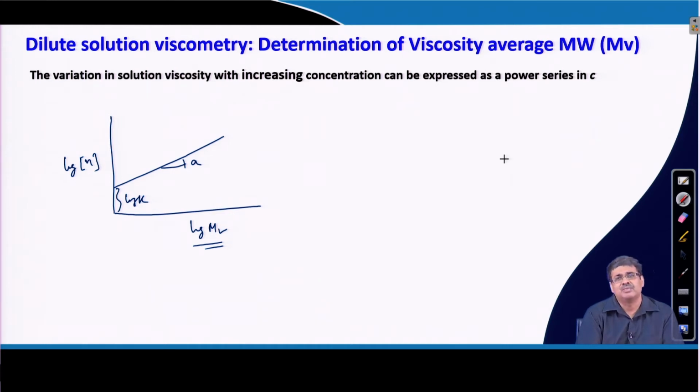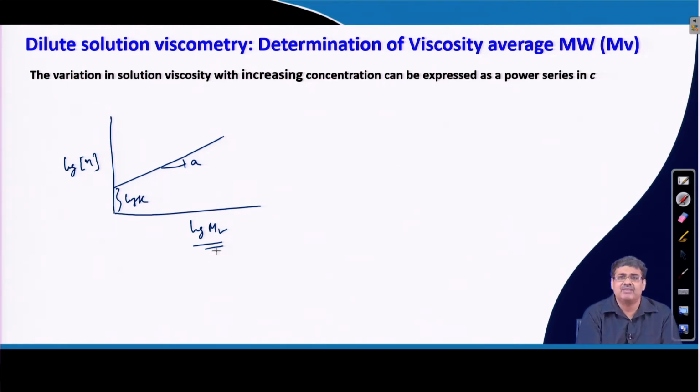And because we will consider very narrow dispersed polymer samples, we can consider that the Mn value or Mw value which we measured using that absolute technique is equal to Mv. Hence, we can use those values and generate a calibration curve from which we can get the value of K and A.